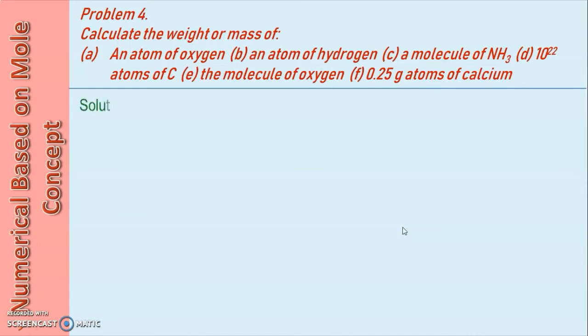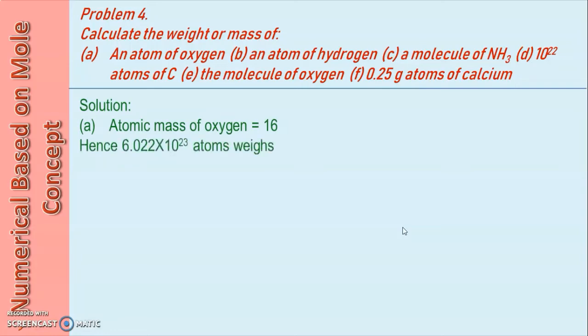First is calculate the weight or mass of an atom of oxygen. Atomic mass of oxygen is 16. It means that 6.022 into 10 to the power 23 atoms weighs 16 gram.